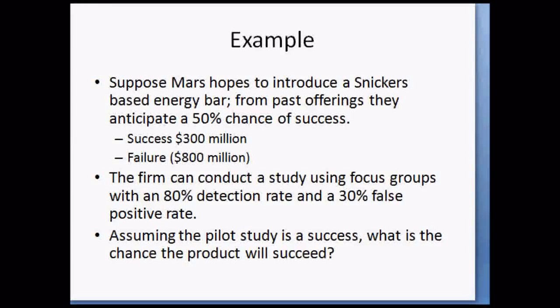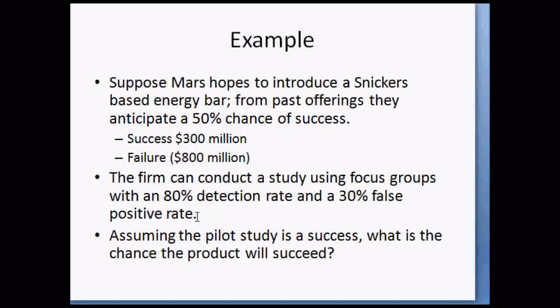So one thing that's often done is to conduct a focus group study. And maybe we've got experience with doing focus groups, so we know that if I have a successful focus group, then I'm ultimately successful. We often talk about this in terms of biomedical. So this is like if you've got a medical test, how often do you detect the disease and how often do you return a false positive?